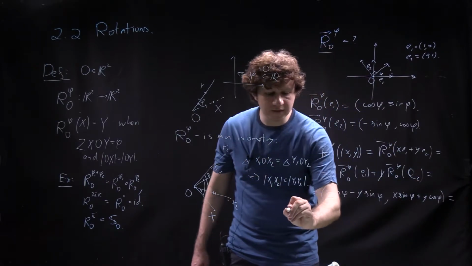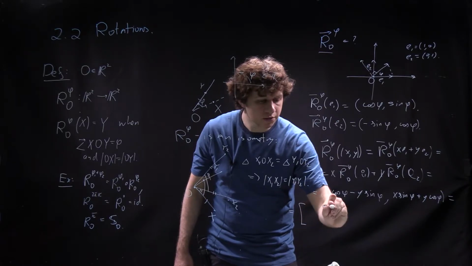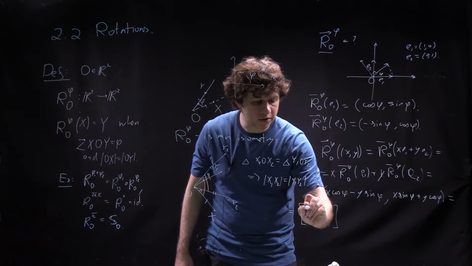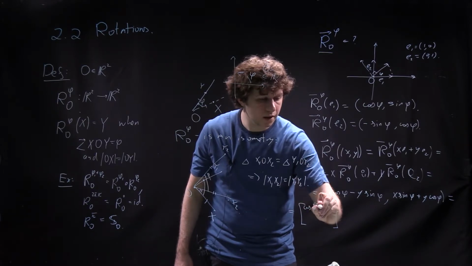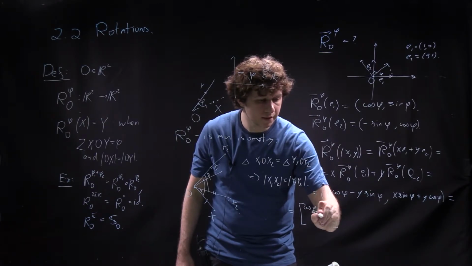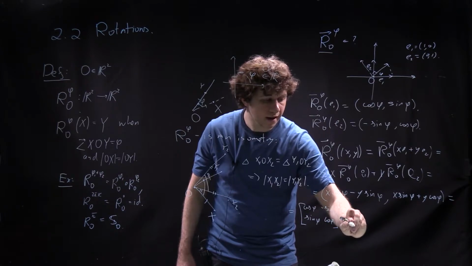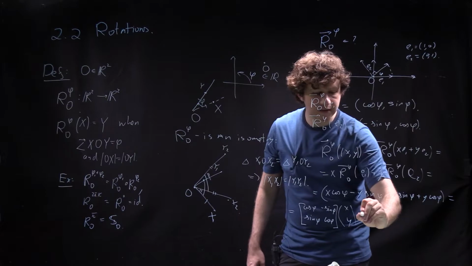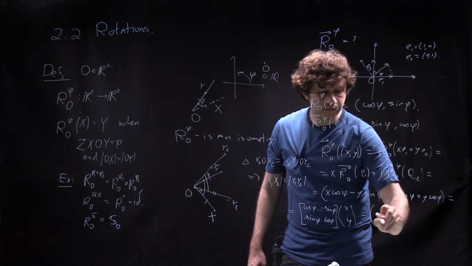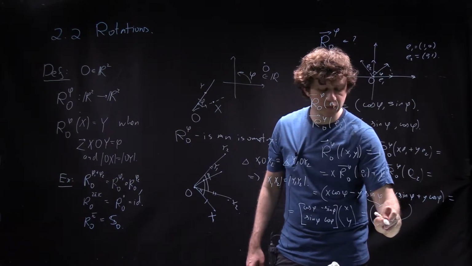And that's very convenient to write in matrix notation. So that's a matrix with cosine phi, minus sine phi on top, and sine phi, cosine phi on the bottom, and I multiply it by (x, y), and I get this vector written as a column.